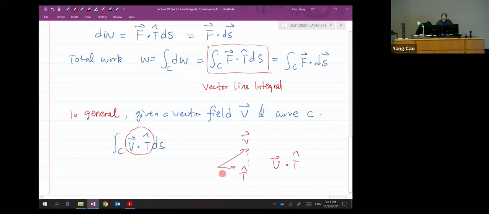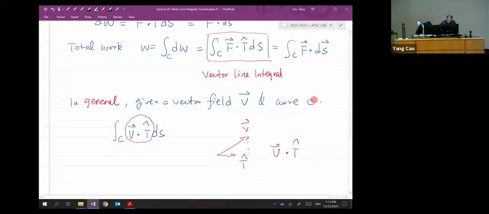So mathematically, what this integral is doing is computing the length of the projection of v in the t hat direction.